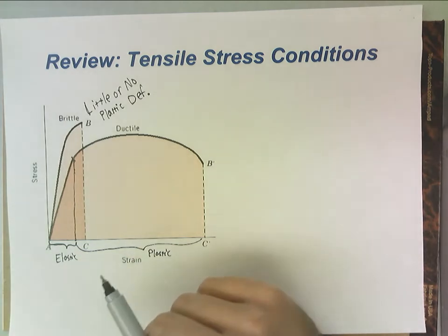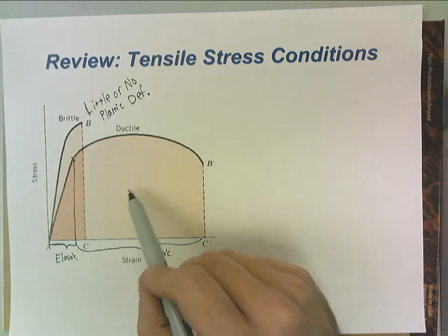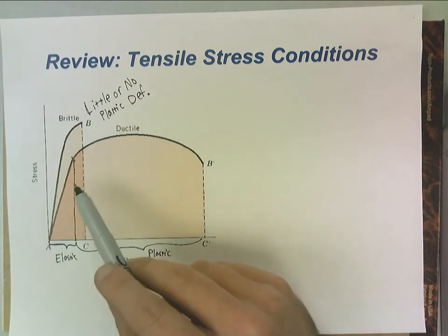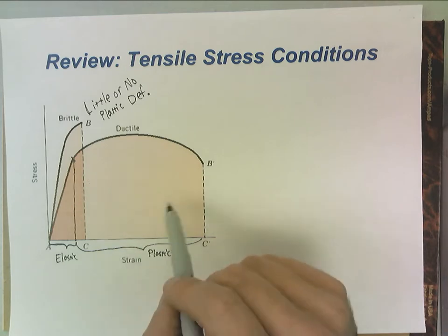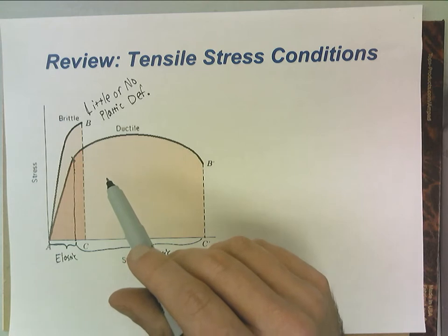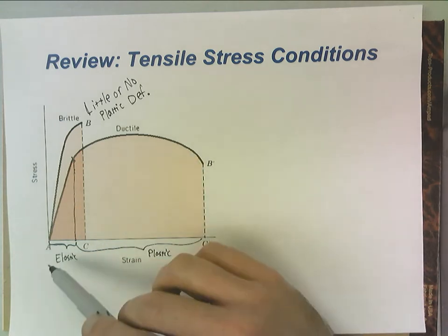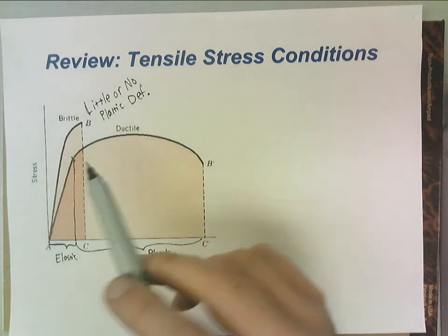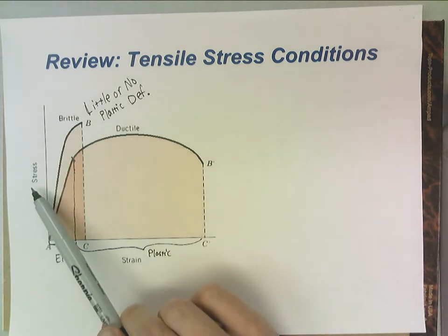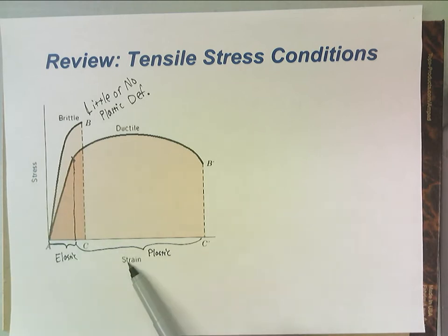So we talked about before the area under the stress strain curve. If it is an area and you think about it as height and width, like you would for a rectangle, we do an integral on this, whatever this fancy equation or shape is. Well, it's going to have the units of your y values times your x values.